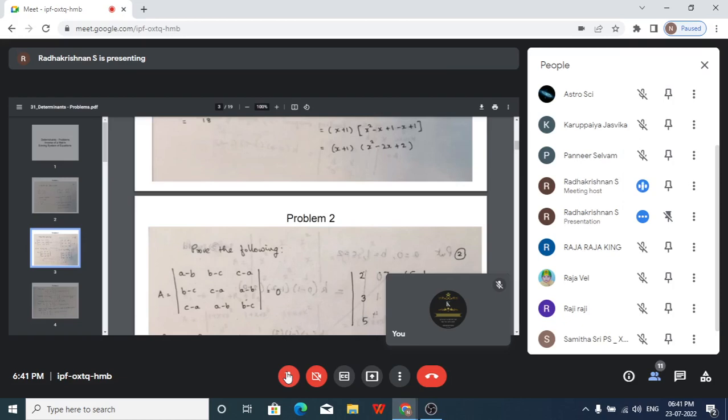So a determinant will evaluate to 0 if any two rows are identical or any two columns are identical. So you have to try to make it, through these manipulations like we did in the previous problem. We have to do similar manipulation and bring two rows identical or two columns.